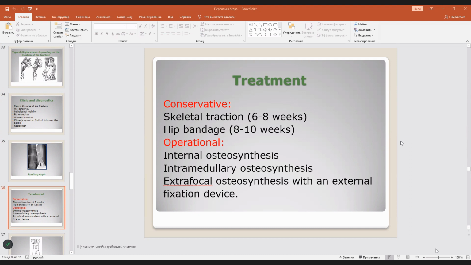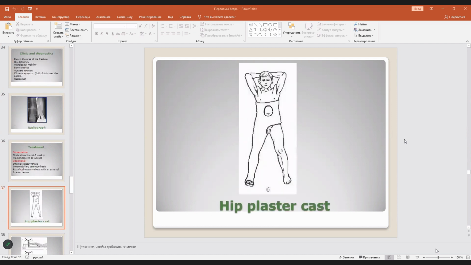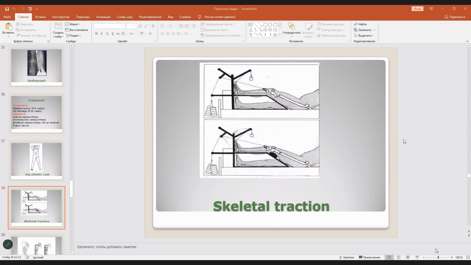Operation: internal osteosynthesis, intramedullary osteosynthesis, extrafocal osteosynthesis with an external fixation device. Hip plaster cast. Skeleton traction.